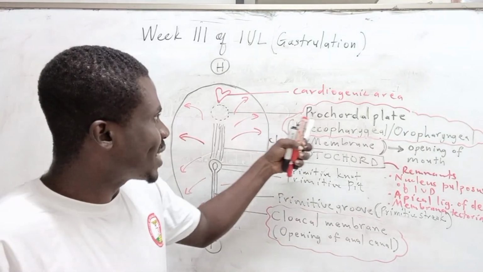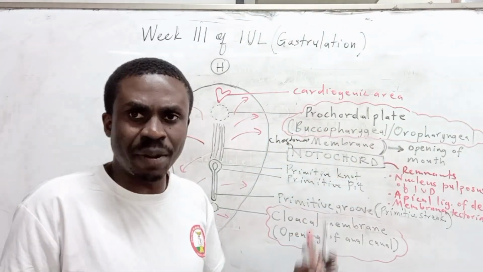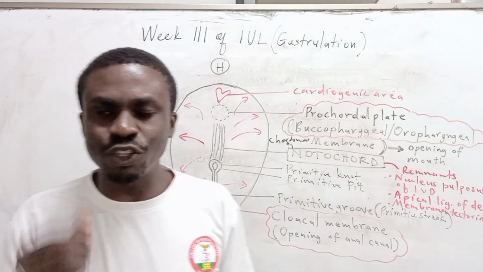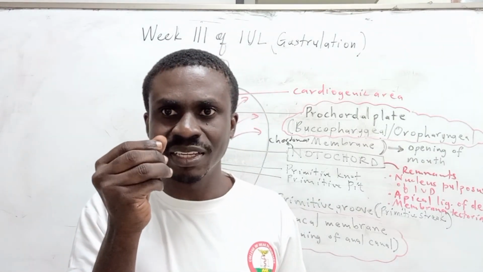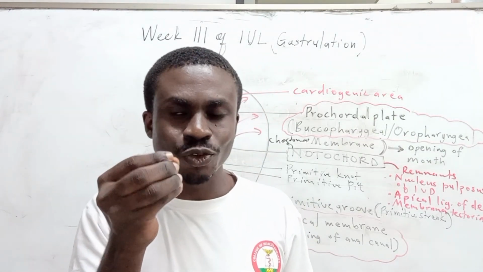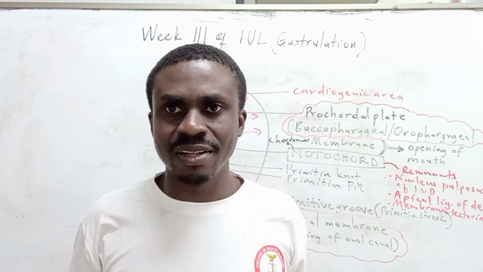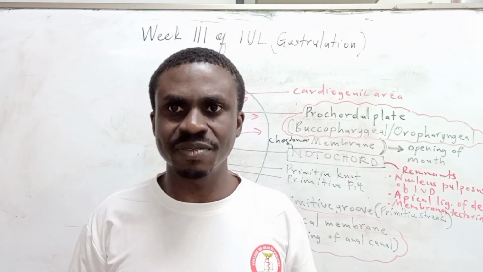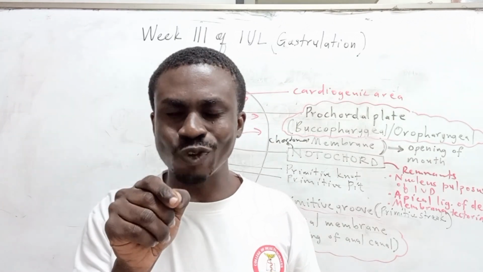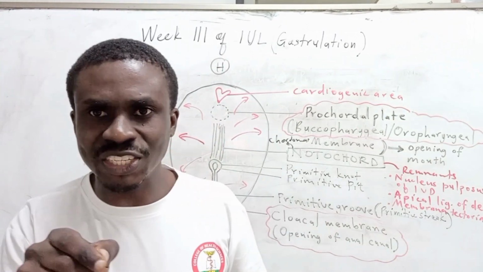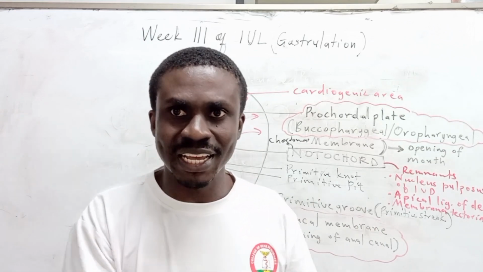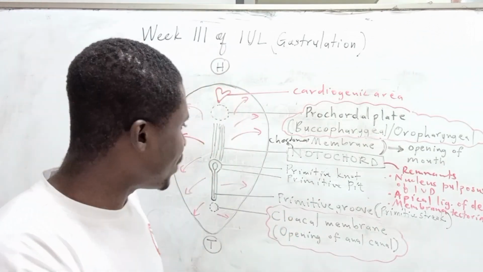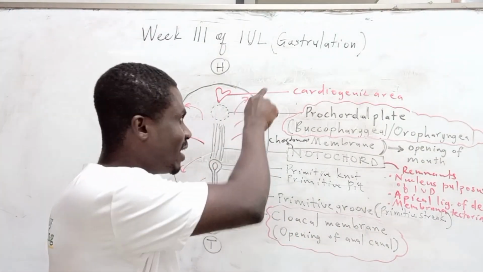We don't need all those in the buccopharyngeal membrane or cloacal membrane. Because at the end of the day, they should be thin membranes. They shouldn't be so robust, so that they can easily be ruptured for the openings to be evident. And that is why God, in His own wisdom, ensured that during the perforation process, we did not have mesoderm going into these areas.